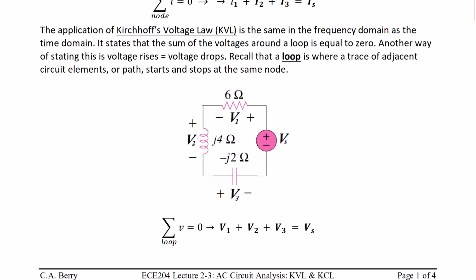So for this single loop circuit, we would have that our voltage rises, V1 plus V2 plus V3, equals our voltage drop, which is Vs. If you do a clockwise loop, or a counterclockwise loop, you would have the voltage rise, Vs, equals the voltage drops, V1 plus V2 plus V3.